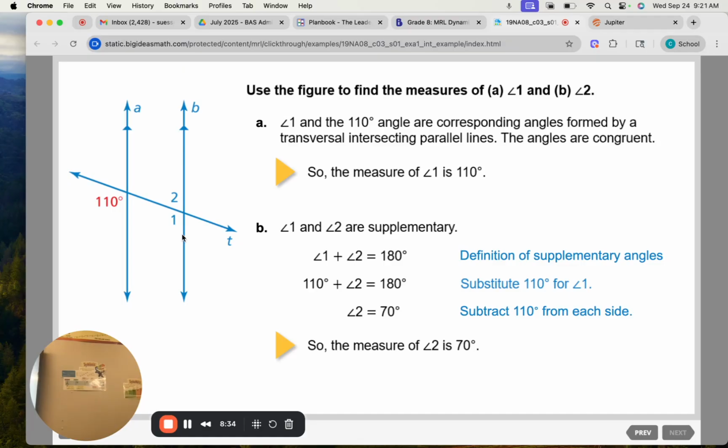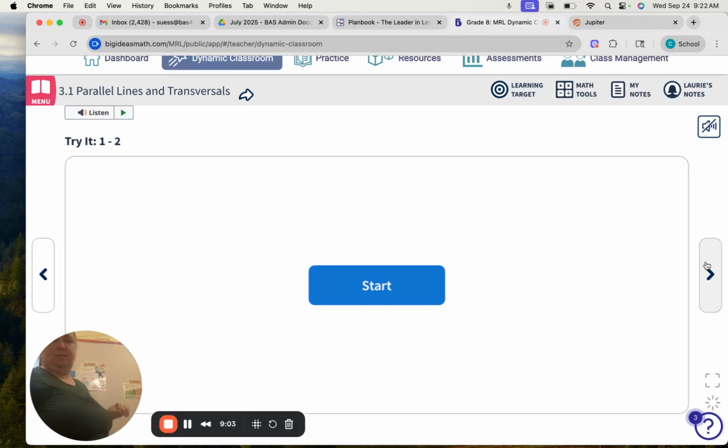Now, if I cut that at any angle, and we say that this little angle is like 84, the whole thing's 180, and this we don't know, I could say 180 minus 84 equals whatever the math would be. Good question. Any other questions? I understand. Good. All right, so go do your try-its.